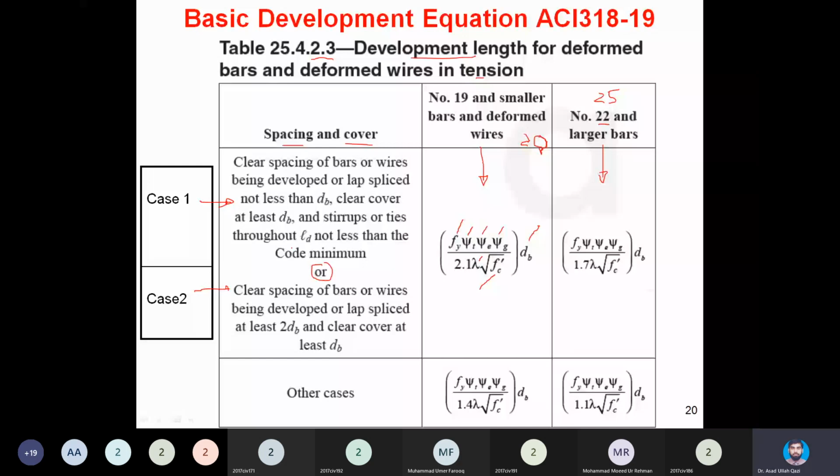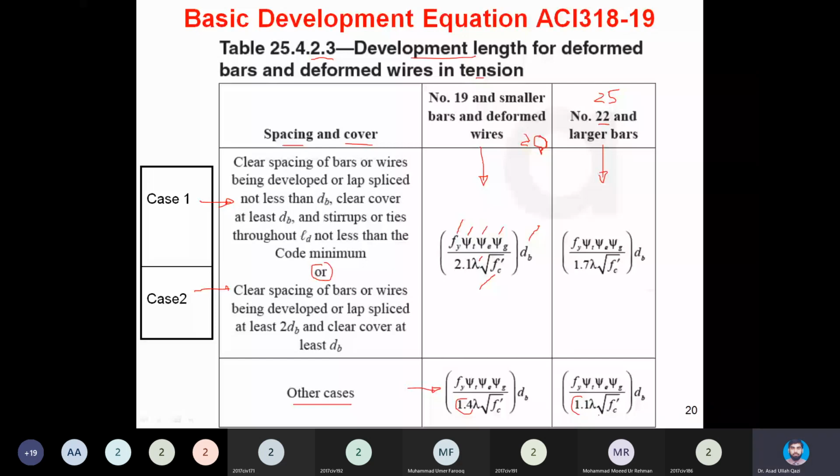If the spacing and cover requirements are not according to case 1 or case 2, then your case will fall in other cases. And for other cases, we have another recommended Ld, and you will find that almost all components are the same except the numerical value in the denominator, so it is dropped in comparison to the first row, so more Ld will actually be required when you are consulting the other cases.